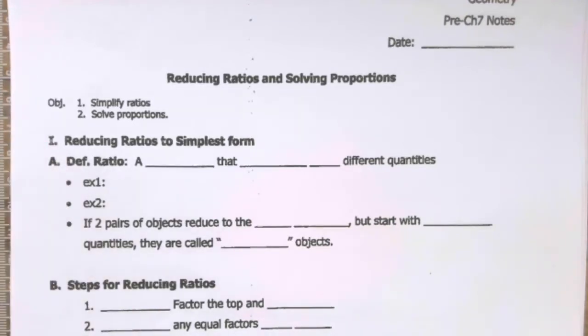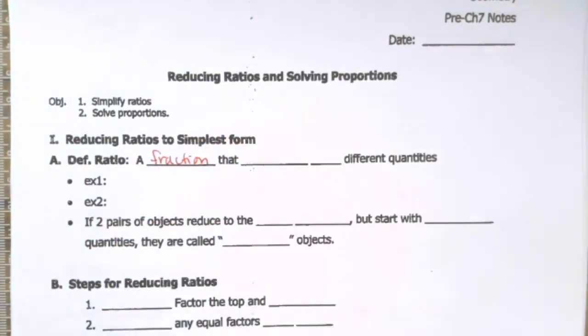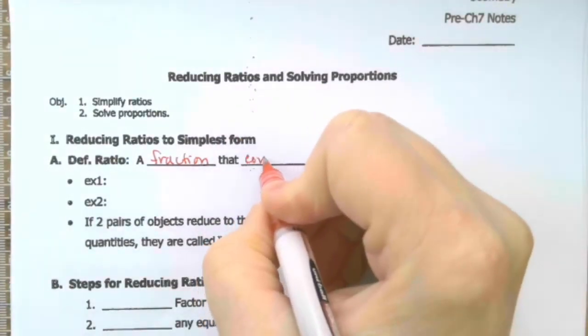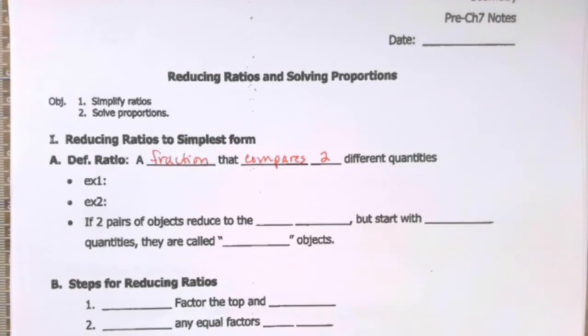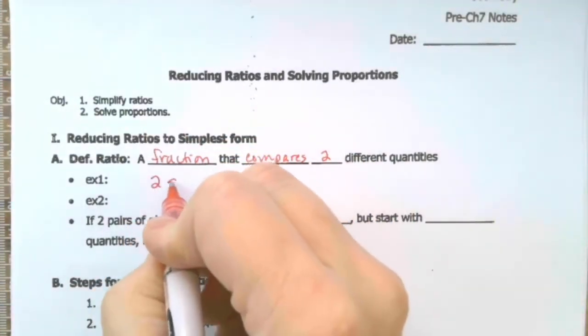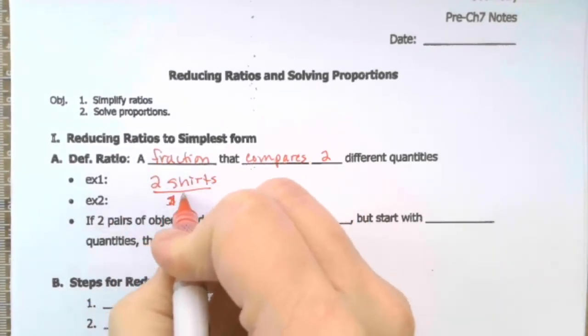Roman numeral 1, reducing ratios to simplest form. The definition of a ratio is a fraction, and it's a fraction that compares two different quantities. So one example of a ratio would be 2 shirts for $6.